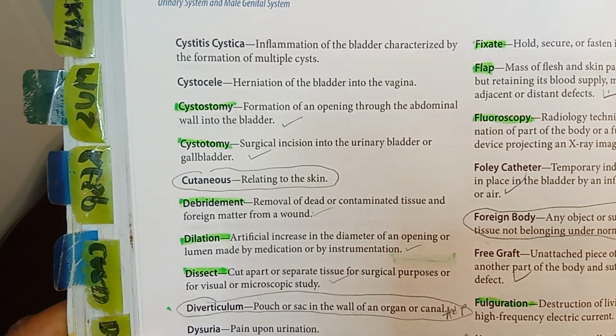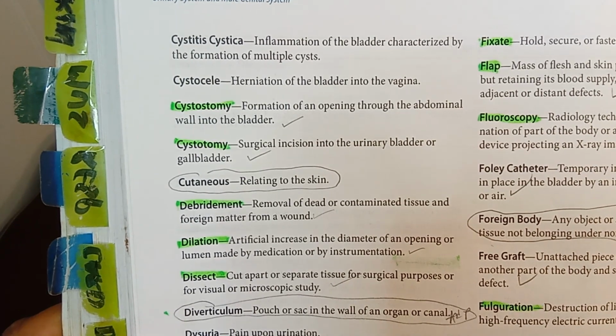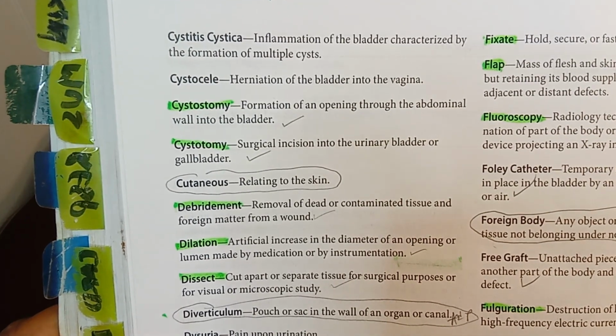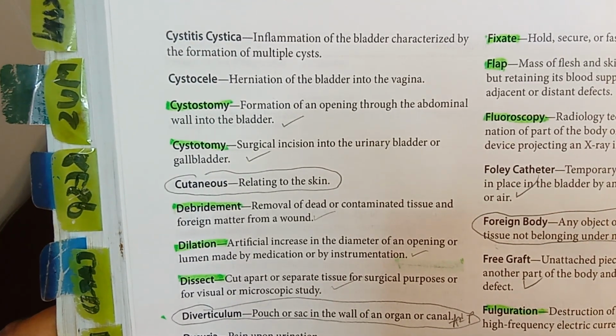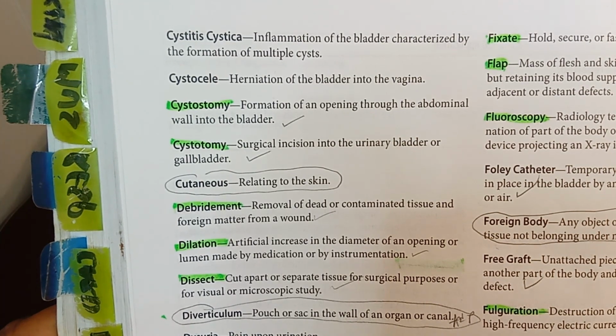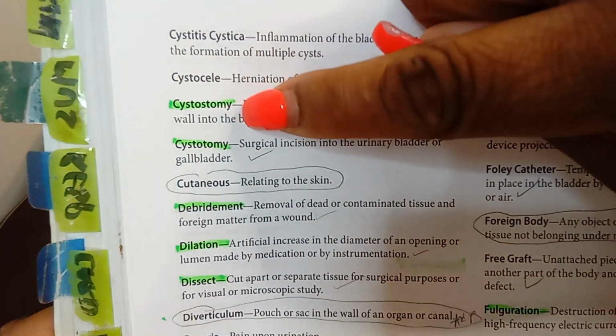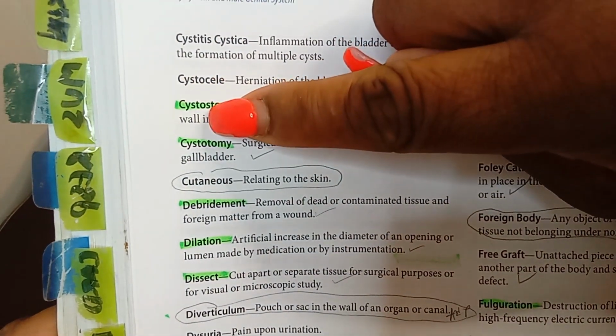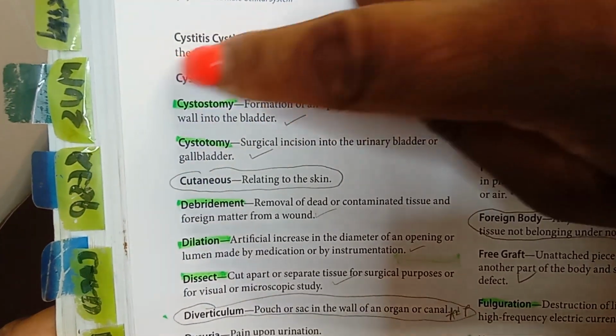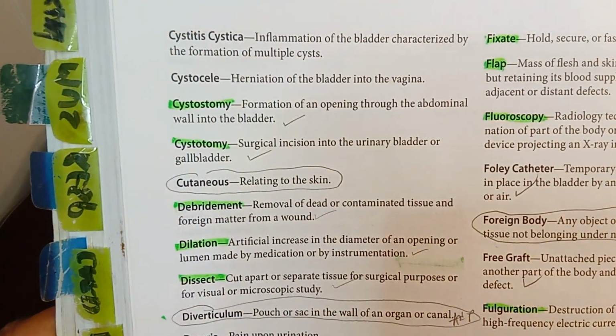All right, so you have cystostomy, formation of an opening through an abdominal wall. So ostomy is a surgical opening, right, into the bladder. So cysto is bladder, so you need to know your anatomical name. So it's the surgical opening, right, of the bladder. So you read it backwards. Ostomy. Look down below.